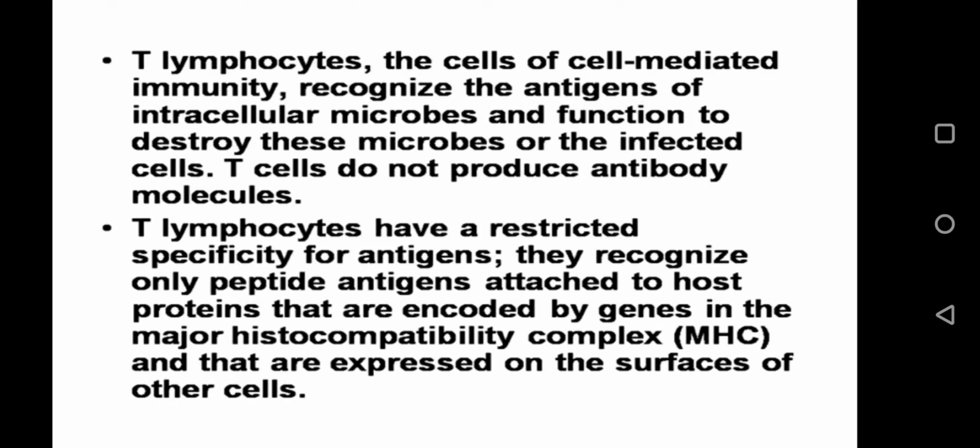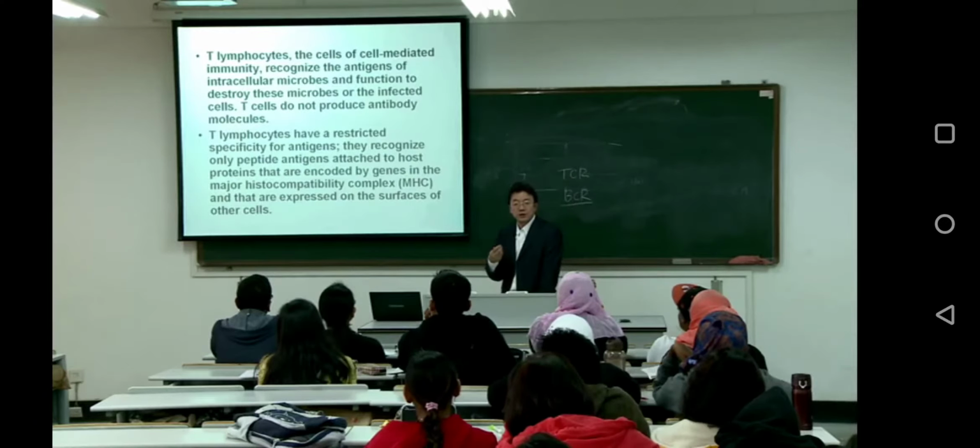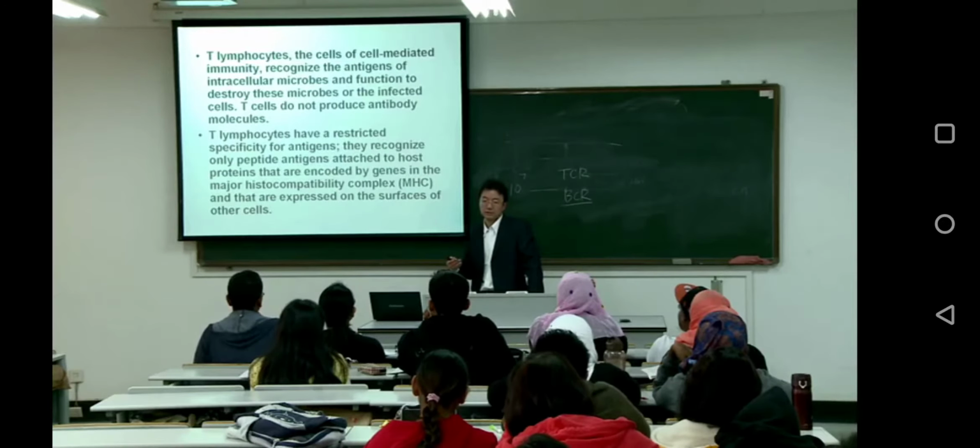And T lymphocytes, the cells of cell-mediated immunity, recognize the antigens of intracellular microbes and function to destroy these microbes or the infected cell by producing something like enzymes or perforin, showing cellular cytotoxicity to the targeted cell.